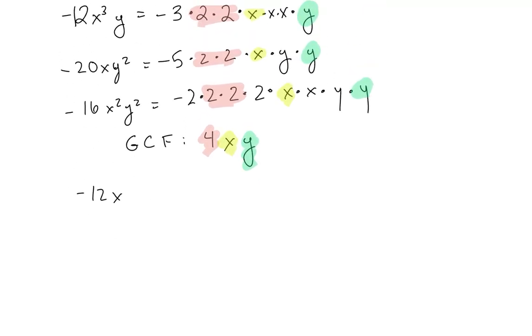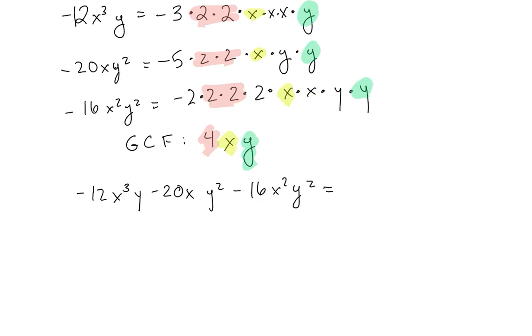Okay. Negative 12x to the power of 3y minus 20xy squared, no, not x squared y squared, xy squared minus 16x squared y squared. There we go.